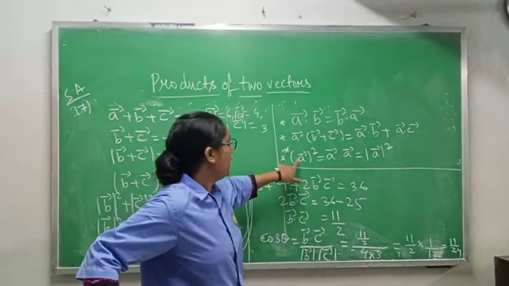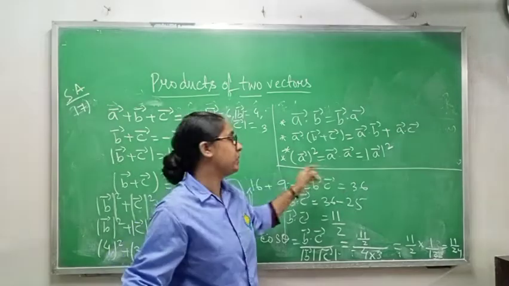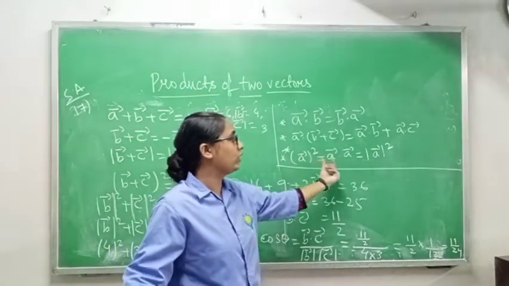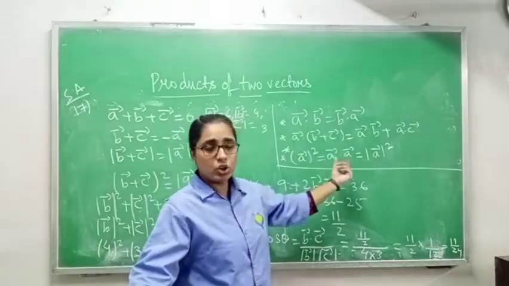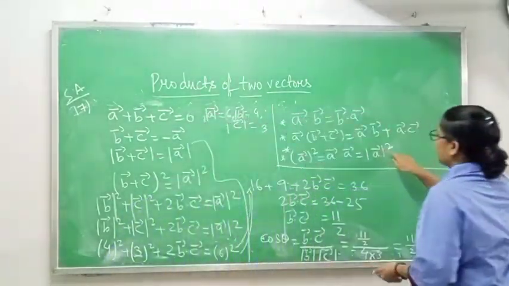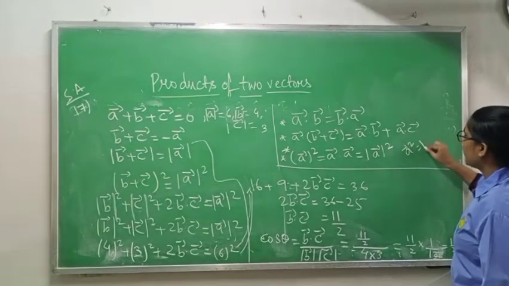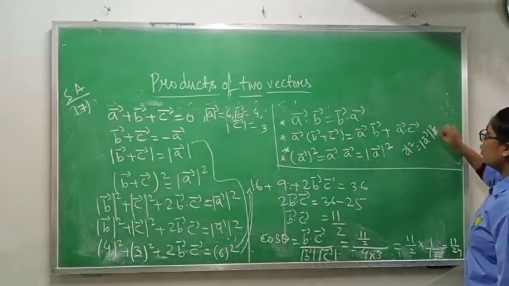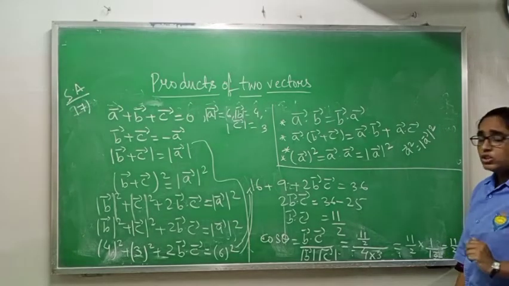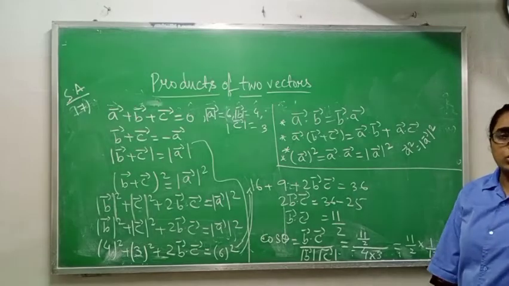A vector whole square equals to a vector dot a vector. Means whenever we have a vector square, you can write separately a vector dot a vector, and it also equals to mod of a vector square. Nothing will change if in place of a vector square you write mod a square.